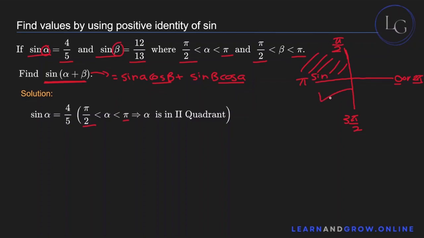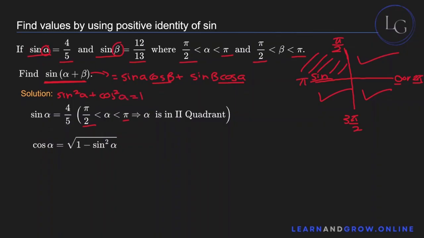Only the cos function is positive in the third quadrant. Only the tan function is positive in the fourth quadrant. And all of the functions are positive in the first quadrant. But this lies in the second quadrant, so only the sine function is positive.